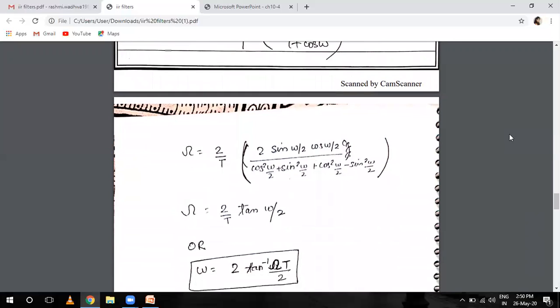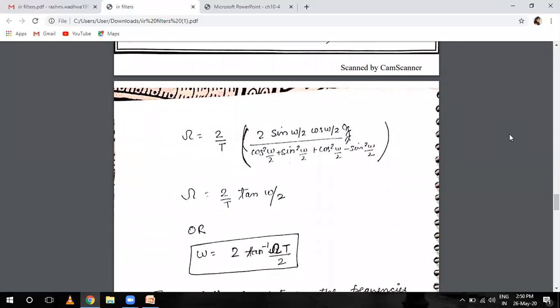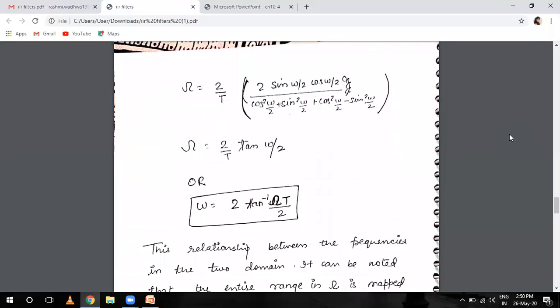So omega equals 2 by T tangent inverse omega by 2, and you will get omega equals 2 tangent inverse of the angle T by 2.